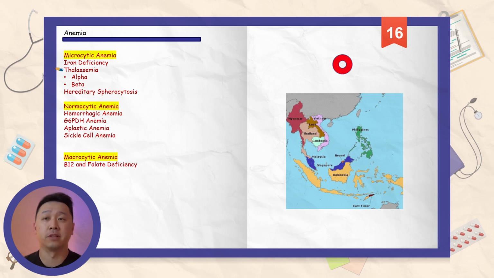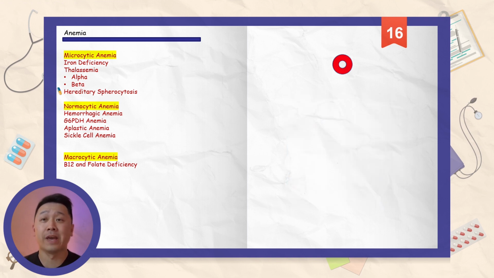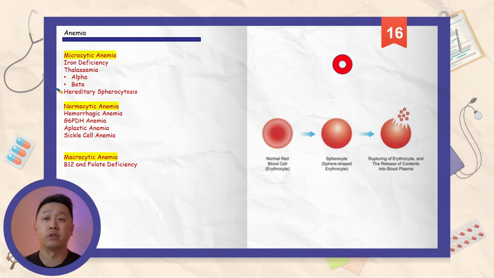Asian and African descent. Lastly, we have hereditary spherocytosis, which is another form of microcytic anemia, where there's a genetic mutation in the proteins that affects the red cell's ability to form its shape.